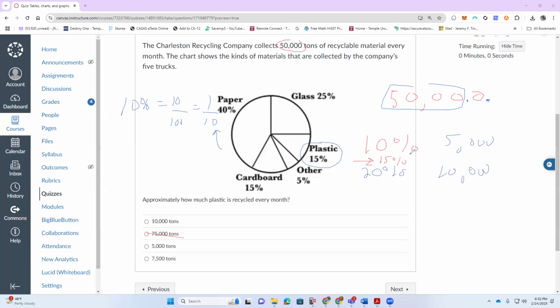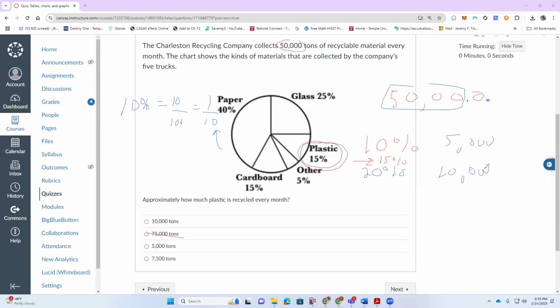Okay, let's go back to what we did. We said 10% was 5,000. We said 20% was 10,000. We're trying to find plastic, which is 15%. How can 15% be 10,000 when 20% is 10,000? So you're going to go back over these videos and you have to understand how to do percentages.